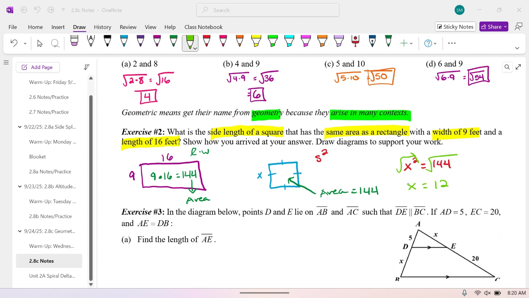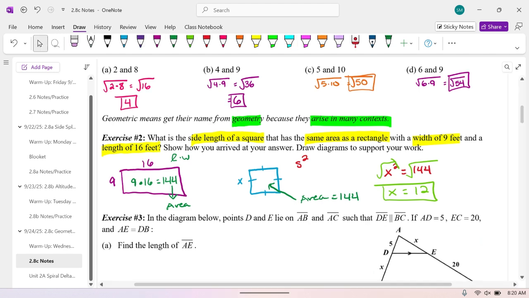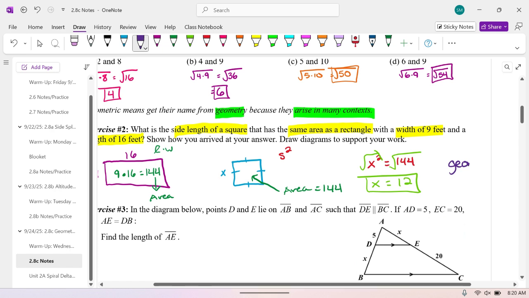Well, guys, guess what we just did? We technically did a geometric mean. We multiplied 9 and 16 together, and then we took the square root of it. So what we just did right here was the geometric mean. We just kind of did a roundabout way of that.